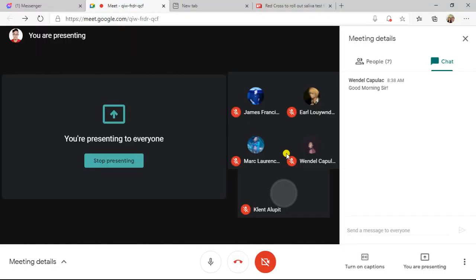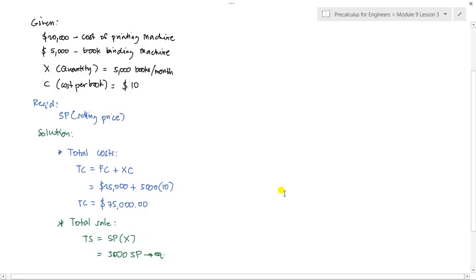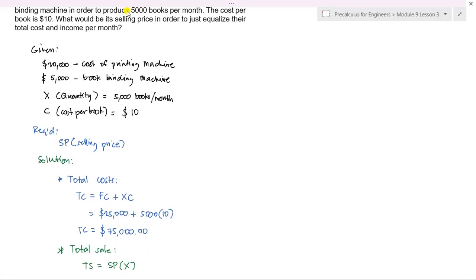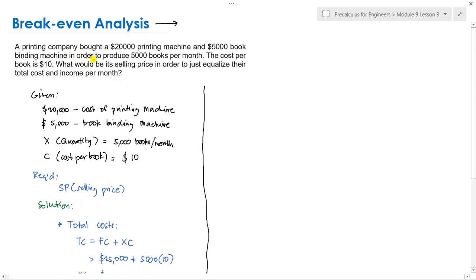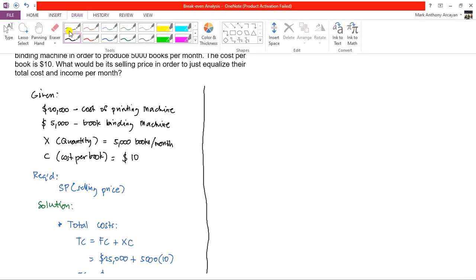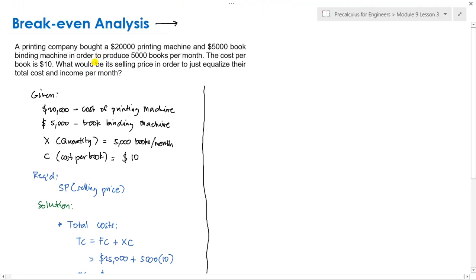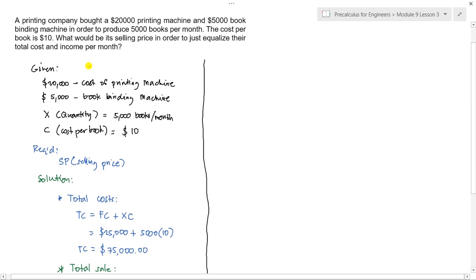Our next step: which part of the problem indicates that this is break even? Which statement indicates that this is a break even problem? Okay, correct. Because it says in order to just equalize their total cost and income per month.